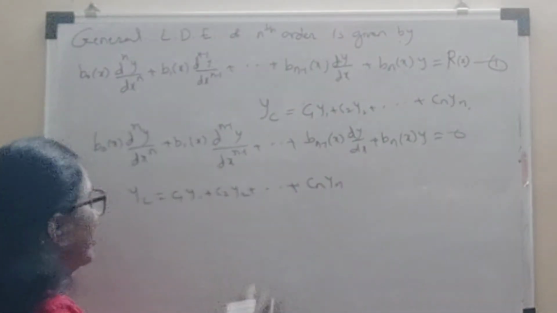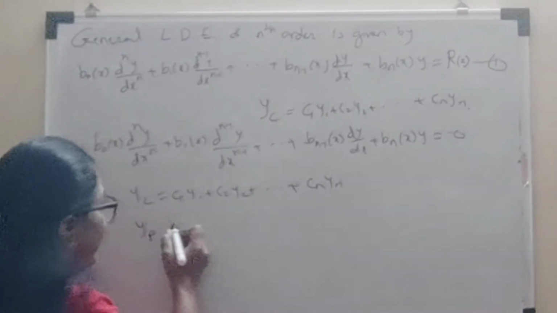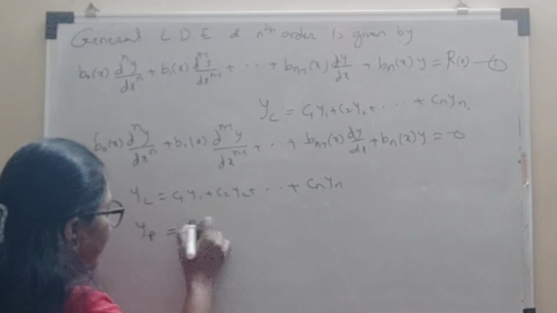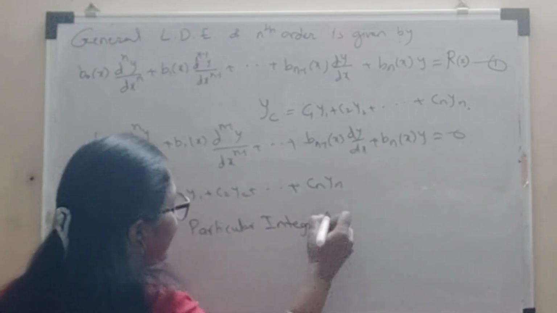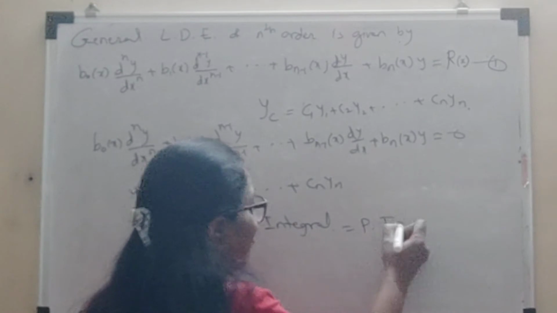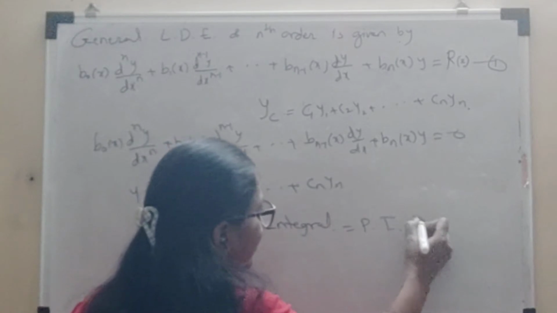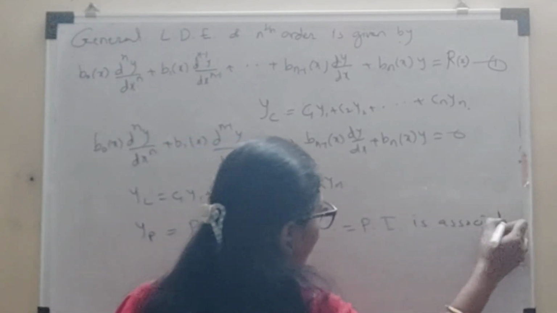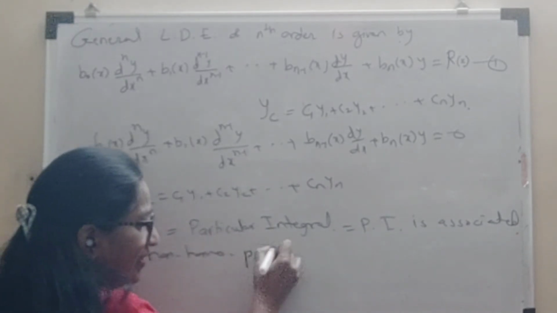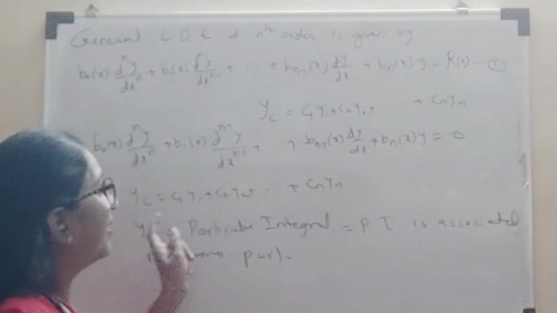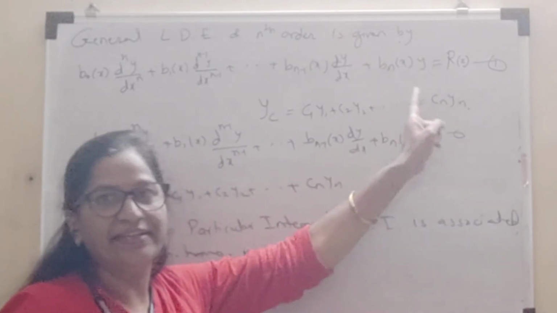For this non-homogeneous part there exists a solution yp, the particular integral, also written as PI, and it is associated with the non-homogeneous part. What exactly does it mean? It satisfies this whole differential equation, that is, LHS is equal to RHS.